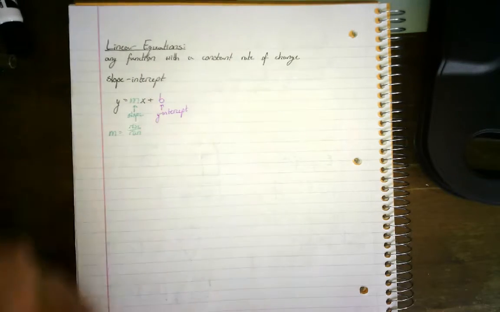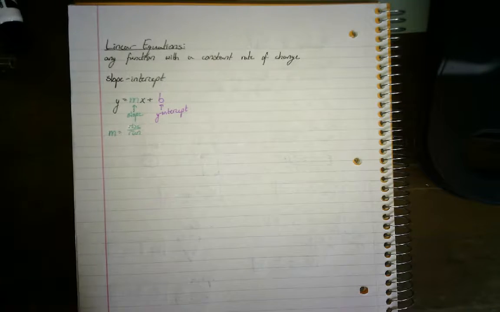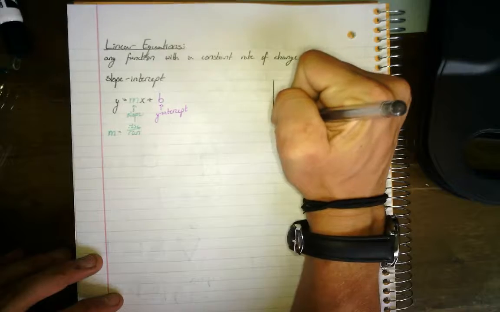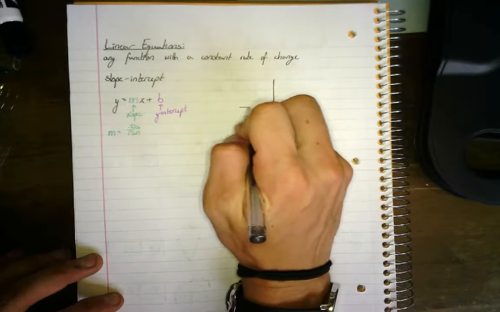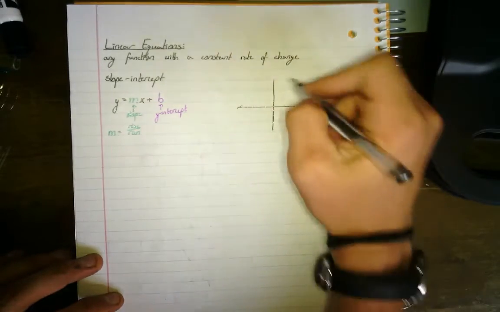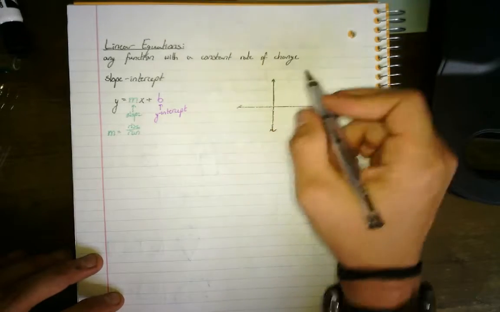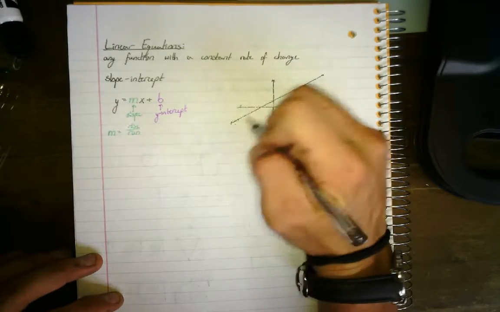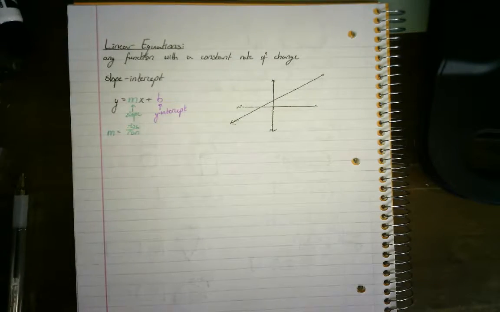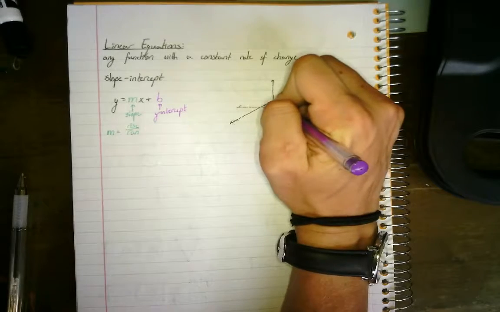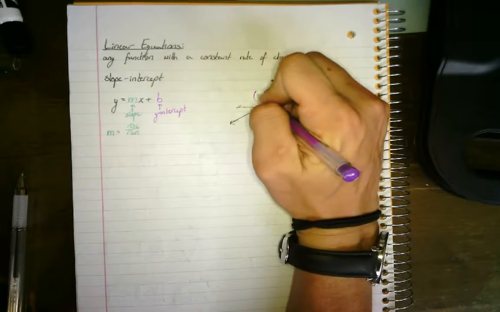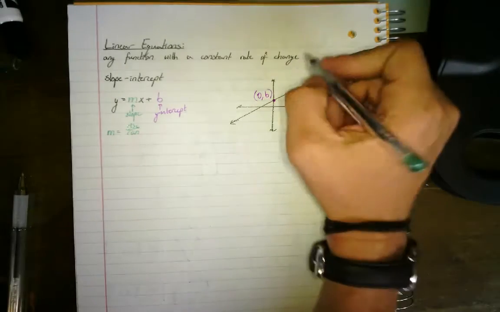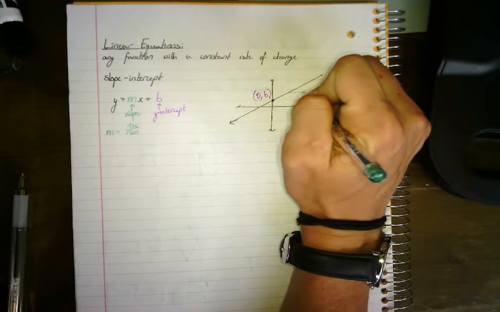So if we wanted to take a look at what these values look like in terms of a line on a graph, well, if we're looking at our line, say like so, we can actually use the y-intercept, the value of y when x equals 0, as well as the slope, the ratio between the rise and the run.